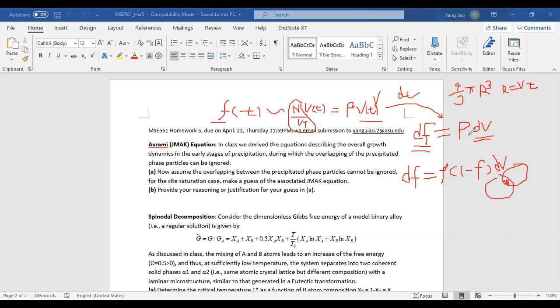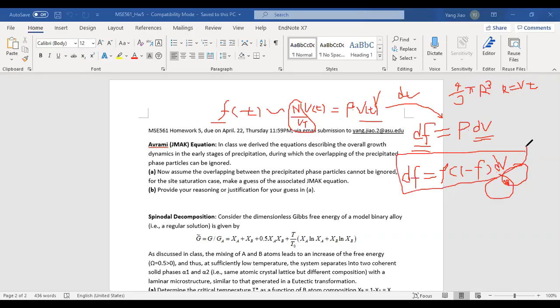This is okay in the very early stage, but as f increases, the growth of the volume for the individual particle is only going to contribute a portion to df, and that portion we consider is proportional to the free space in the system. What is the fraction of free space? It is 1 minus f. So this is the full equation.